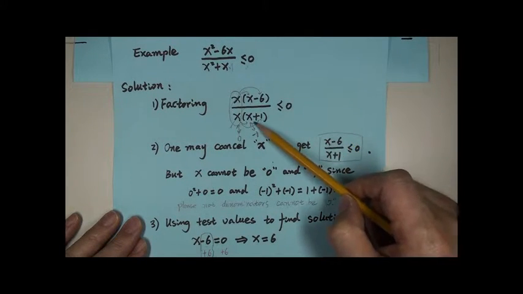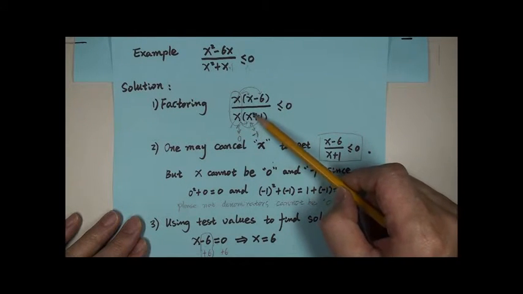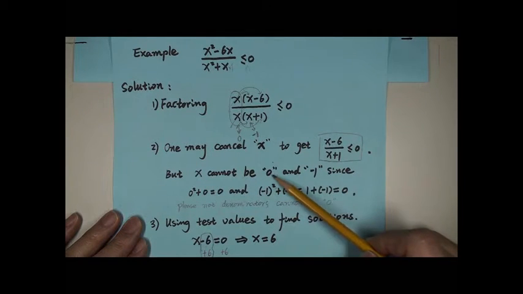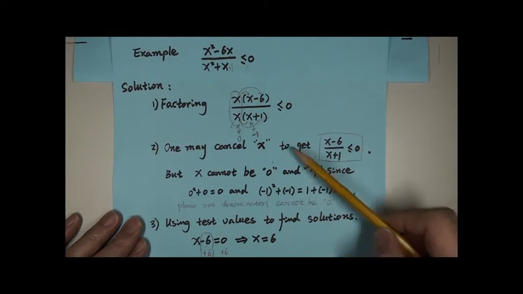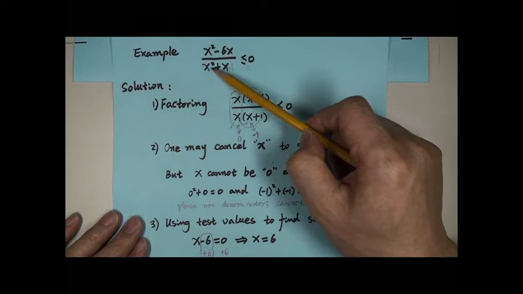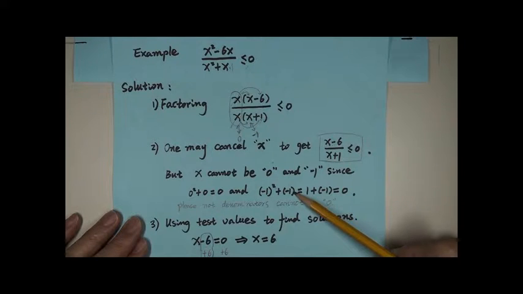If you plug in negative 1 here, negative 1 squared is positive 1, plus negative 1, positive and negative cancel each other, you have a 0.